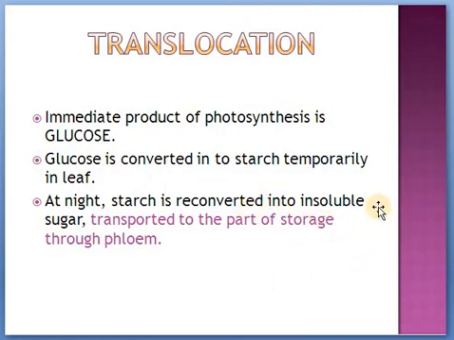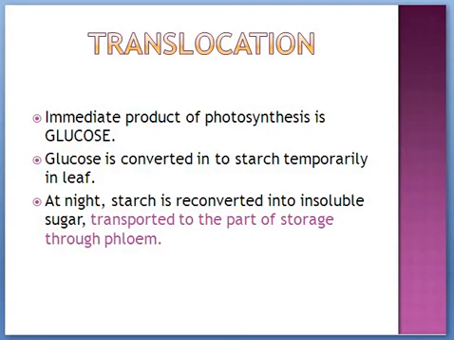Imagine the plant has the production process or temporary storage in the leaf, and from the leaf the starch moves through phloem and comes to the root or underground part. There polymerization occurs, water is removed, it is converted into insoluble form, and it is stored there. That movement of food matter through phloem is called translocation.